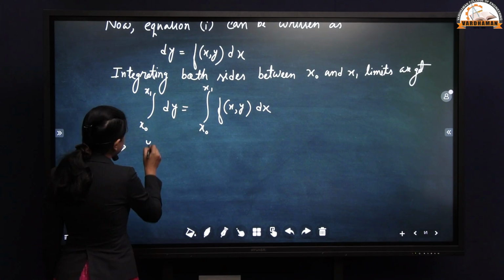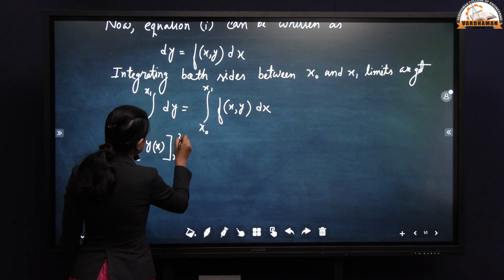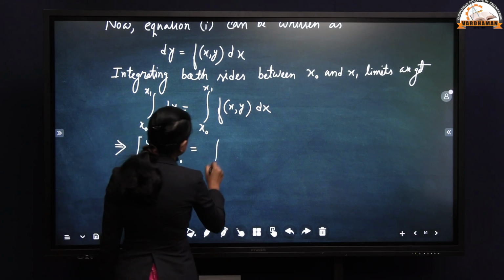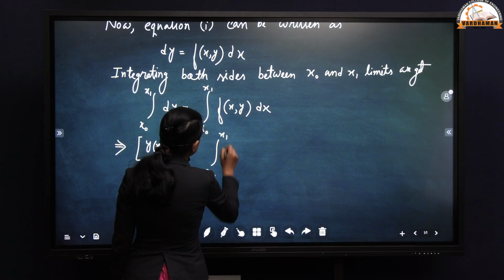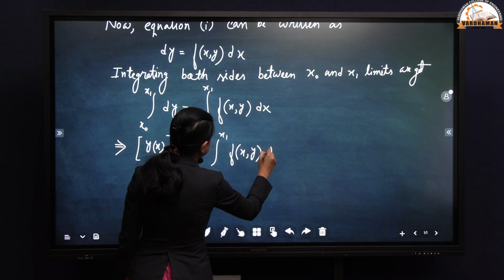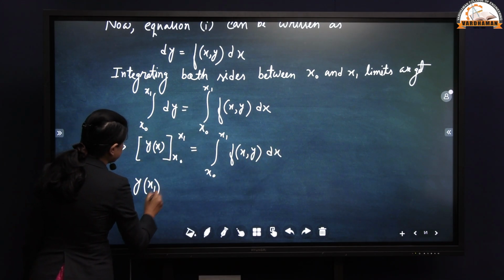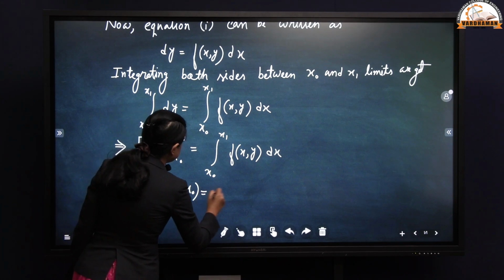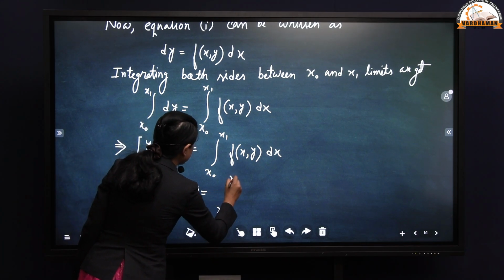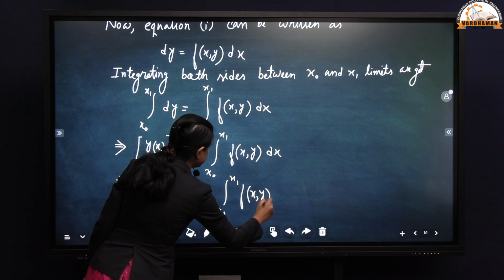We will get y of x naught to x1 is equal to integration x naught to x1 f of x, y dx. This side we will get y of x1 minus y of x naught is equal to integration x naught to x1 f of x, y dx.